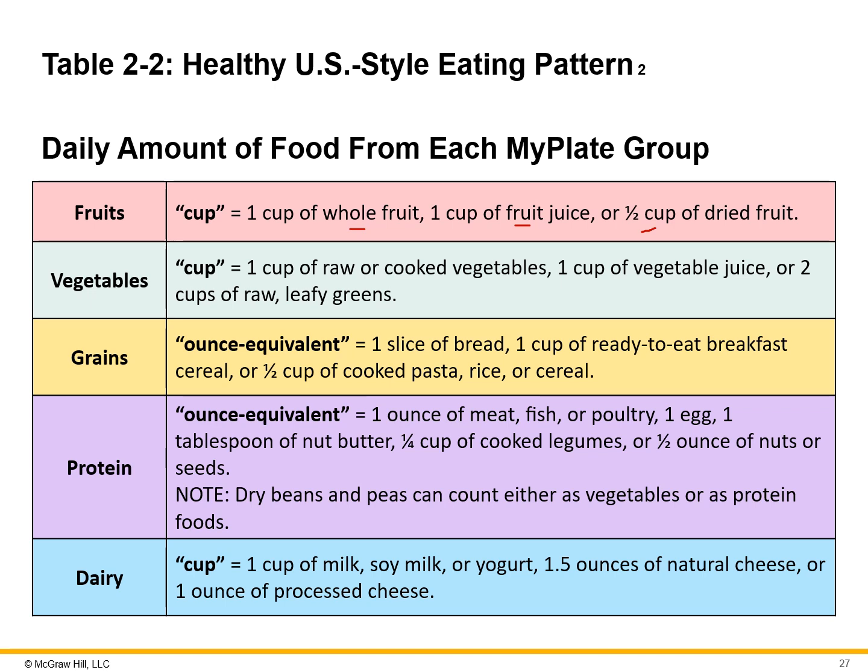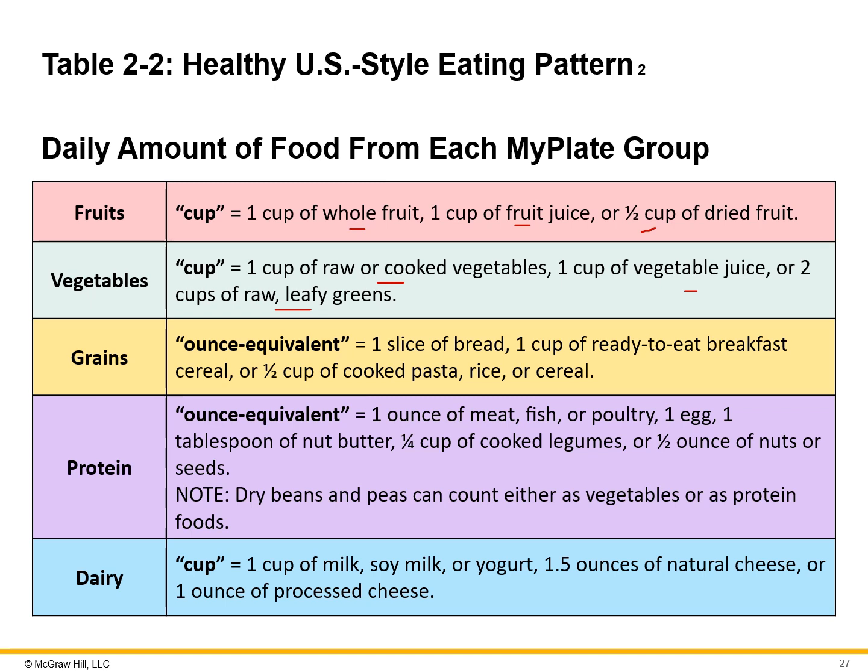So for our vegetables, again, raw is a little bit better. It maintains those vitamins, but raw or cooked vegetables. Could also use vegetable juice here, but if we're using those raw leafy greens like lettuces or kale, you actually need 2 cups to constitute that requirement.